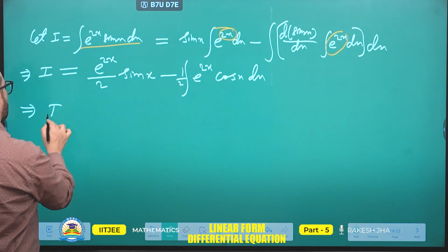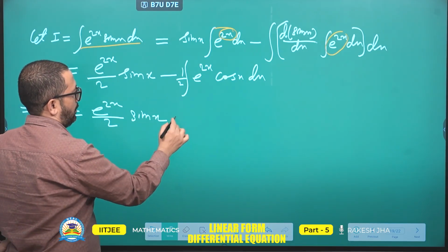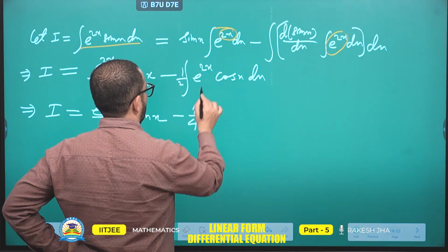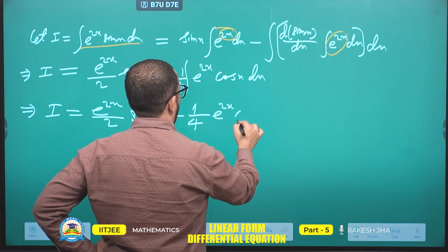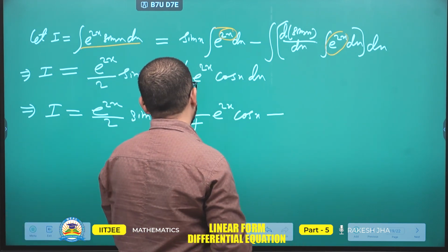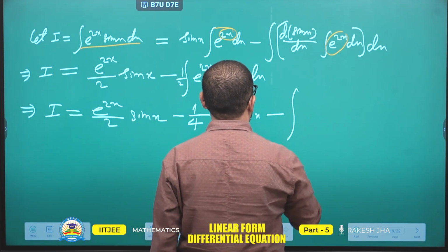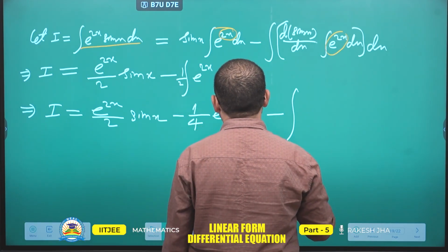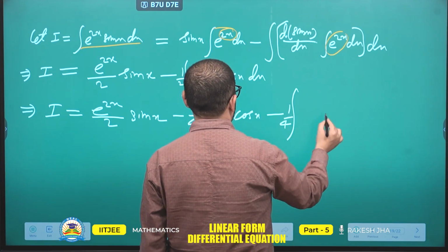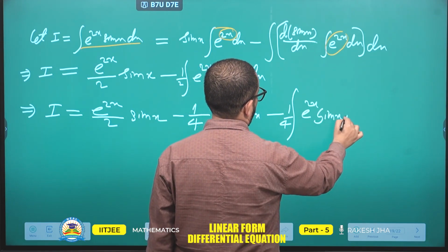So the next step is I is equal to e raised to the power 2x upon 2 times sin x, minus 1 upon 4, since 2 twos are 4, e raised to the power 2x and then cos x, and then minus, and minus will be plus, 1 by 4 and the integral of e raised to the power 2x sin x dx.